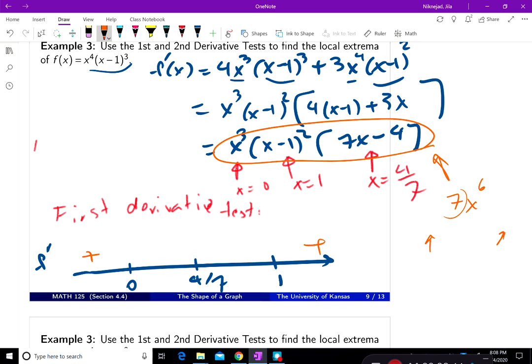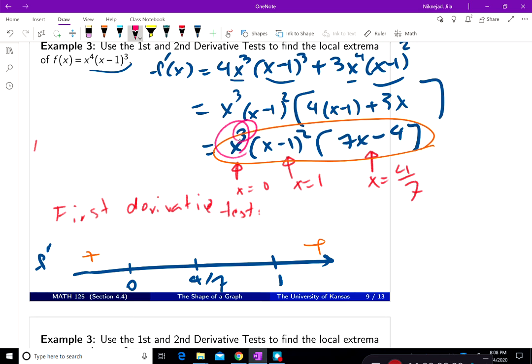Then, you can very obviously use other information like test points in each interval and so on, but it's not the best use of your time. So what I do is use the information about the polynomial to decide about the sign as much as I can. Sometimes you use a test point because it gives you too much information. Over here I see that x equal to 0 is a root of order 3.